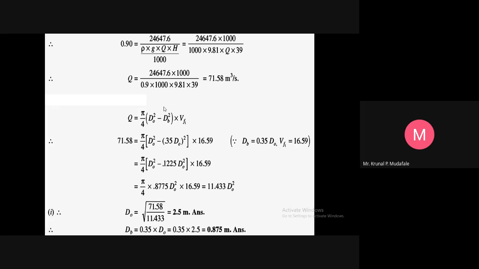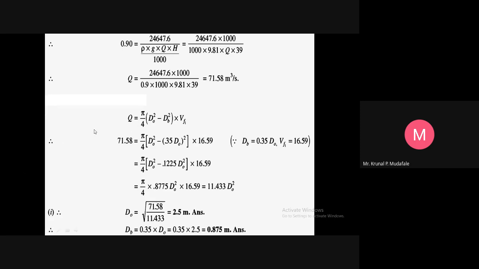Then after this, you can find the discharge with the help of this equation. Write it down or calculate on your own. Once you have the discharge, the other equation gives the diameter of the outer runner minus the diameter of the hub or boss.